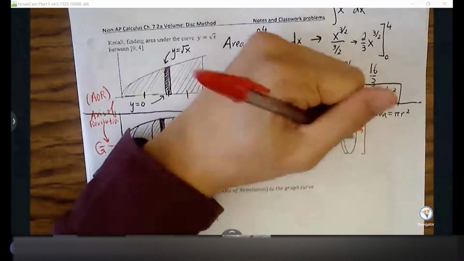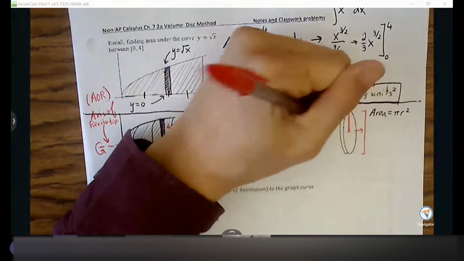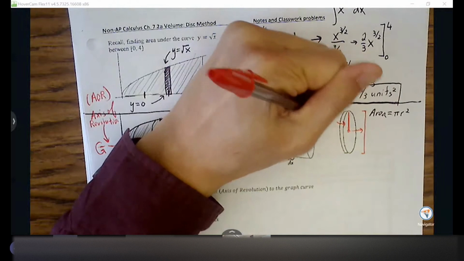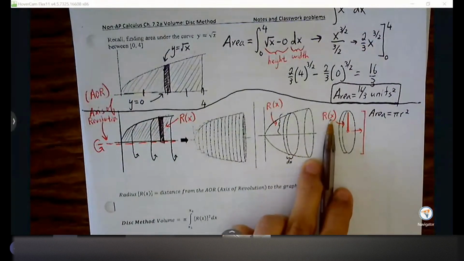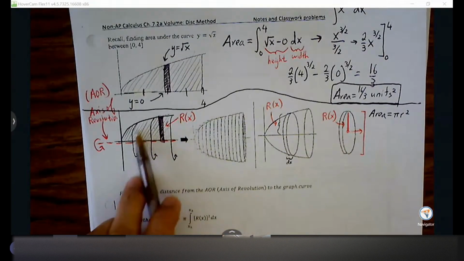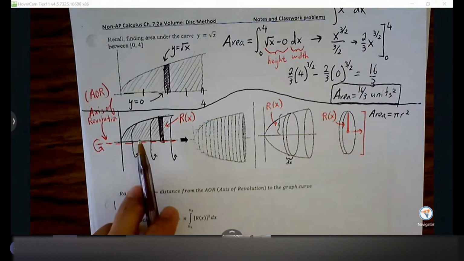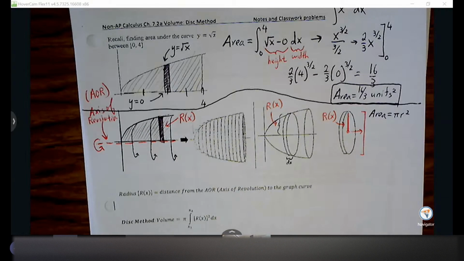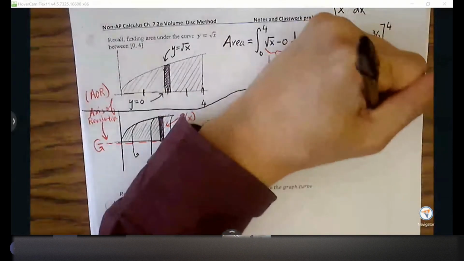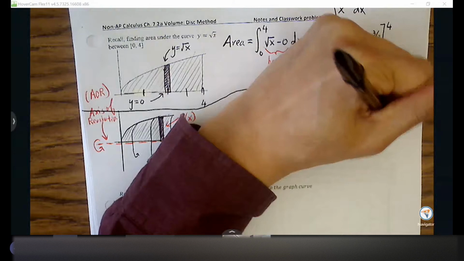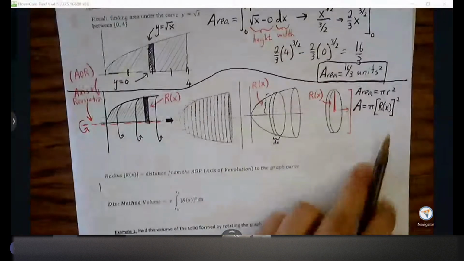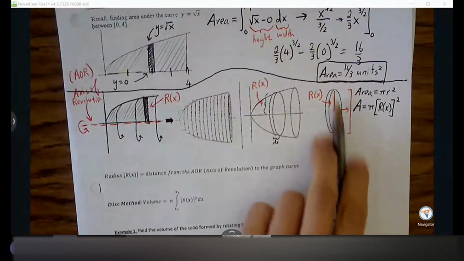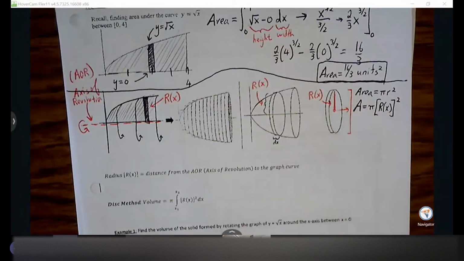But we have a certain name for the radius. This representative radius is now going to be big R of x. And we're leaving it as a function because we wanted to give it the flexibility to adapt to the changing heights of all these radii. So now our area is pi times big R of x quantity squared. So this is now going to represent the face of one of these cylindrical disks.